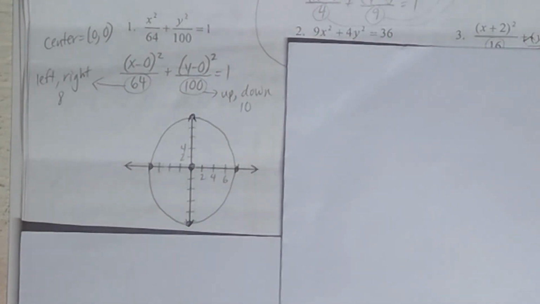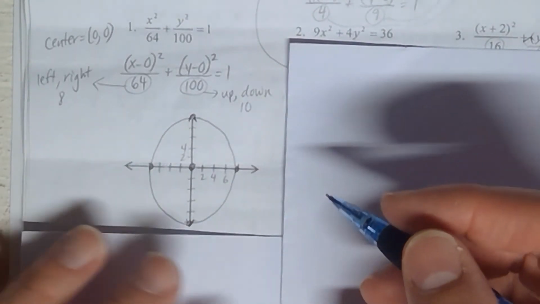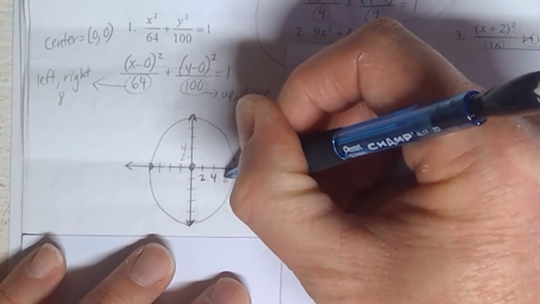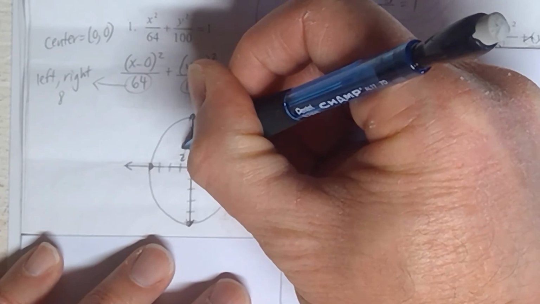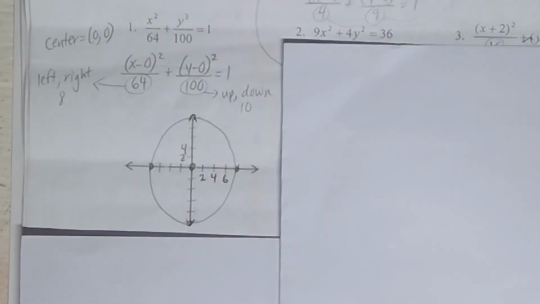But with circles and ellipses, it won't come out looking correct if you don't make both the x-axis and y-axis the same. What I mean is if you're going to do 2, 4, 6, 8 on the x scale, you need to do the same thing, 2, 4, 6, 8 on the y scale. And that's what I did here.